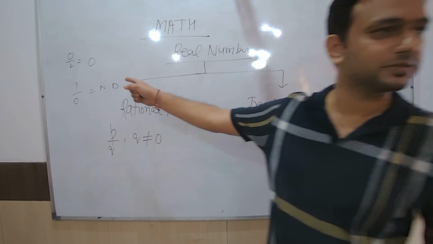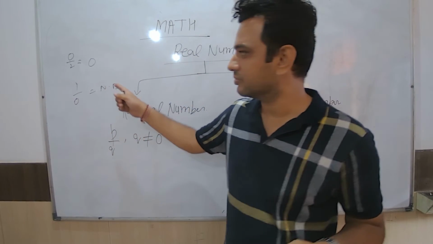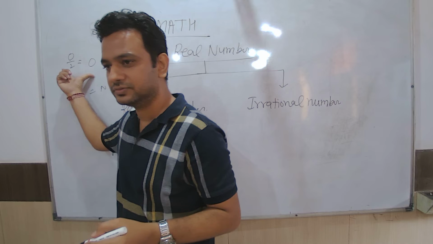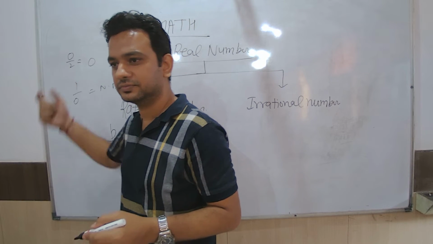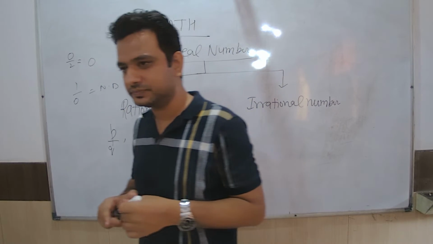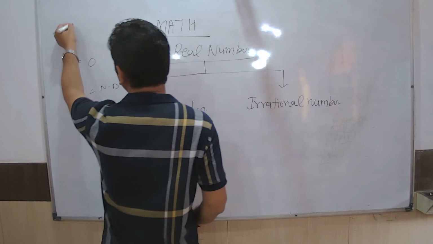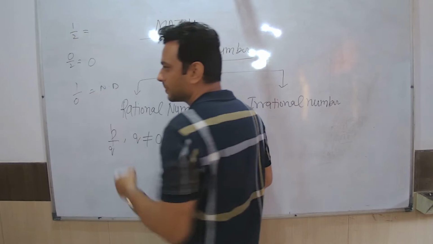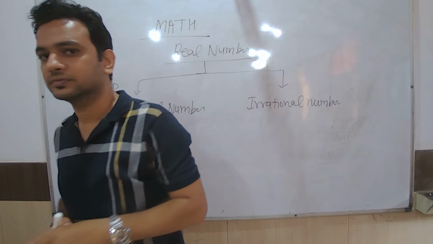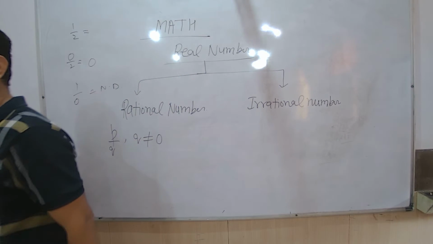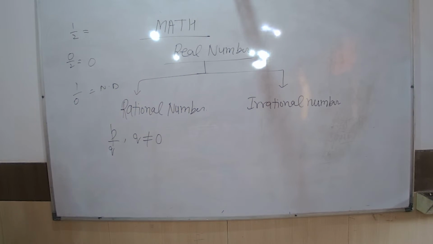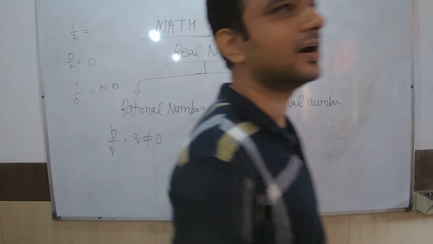Can you tell why it is 0 actually? How it can be 0? We have actually discussed 1 by 2. What do you mean by 1 by 2? Half. Any other meaning? 0.5. How about half?